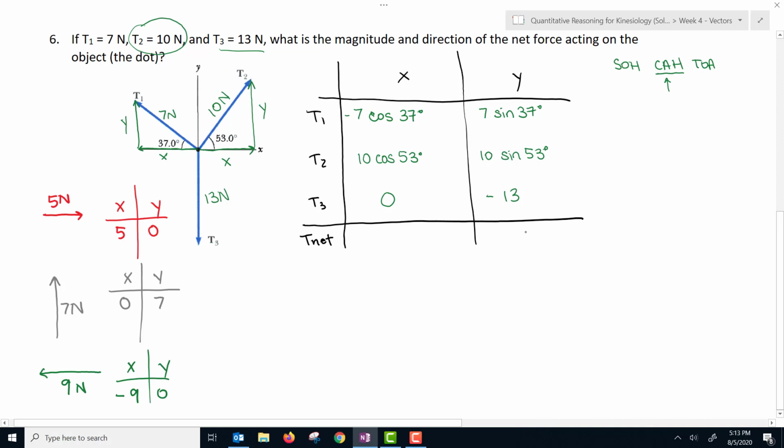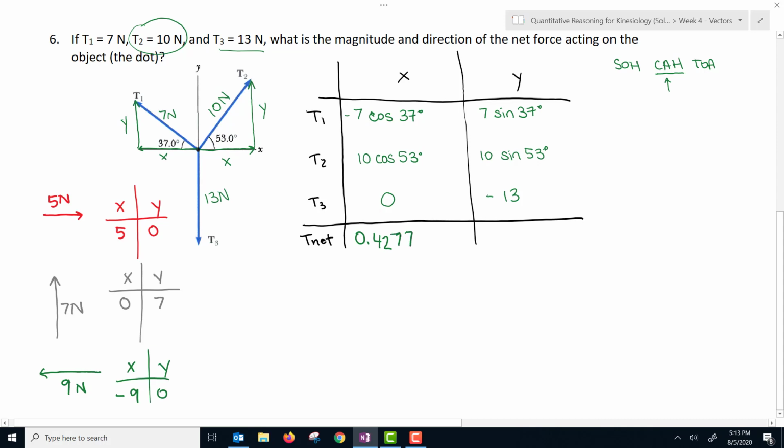So on my calculator, I'm going to start with the x column. I'm going to type -7 cos 37 plus 10 cos 53, and then I can add 0, but that doesn't do anything, equals, and I get 0.4277.